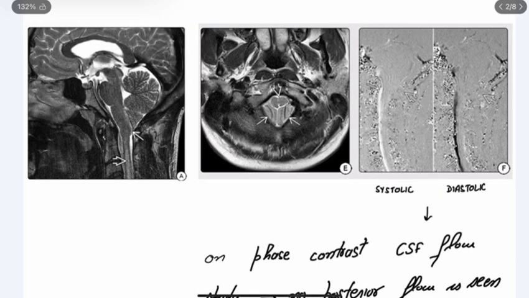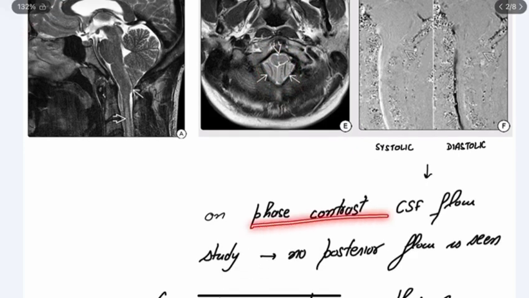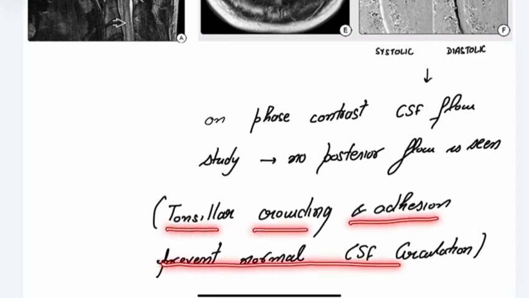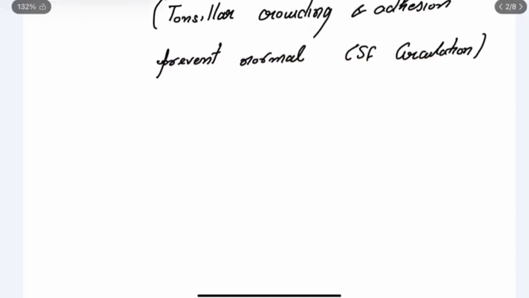In this image, we can see the crowded foramen magnum. This image we have discussed already, and this is a phase contrast CSF flow study. We can see that there is no flow in the posterior part. This is due to tonsillar crowding and adhesions which prevent the normal CSF circulation.